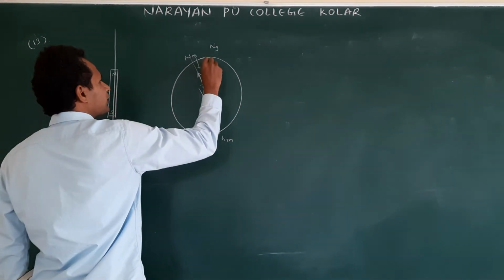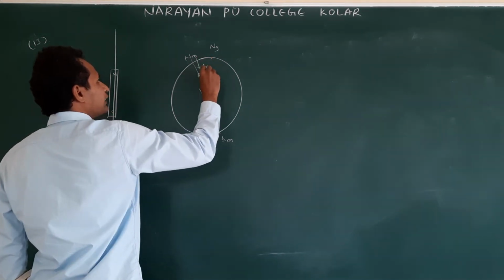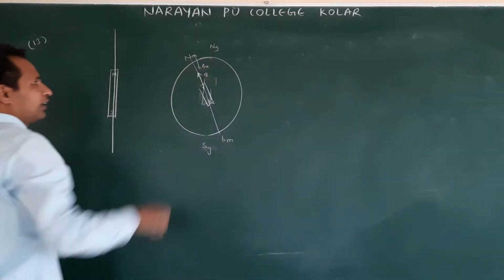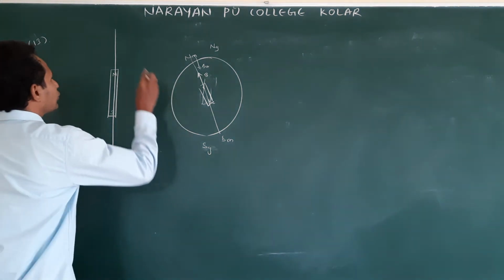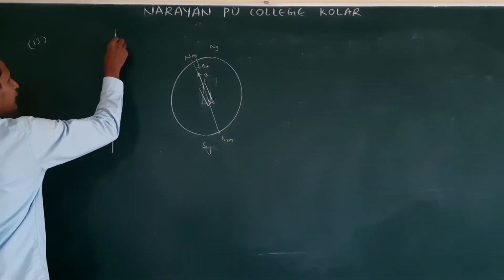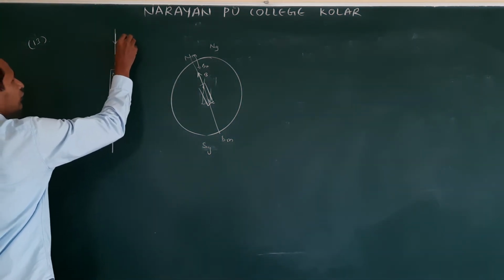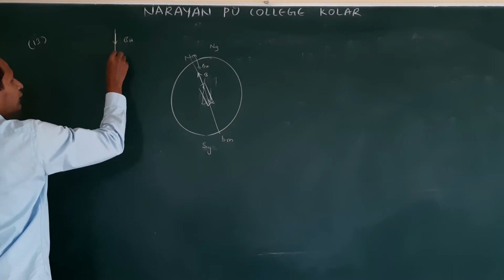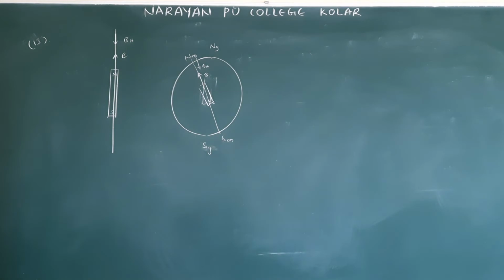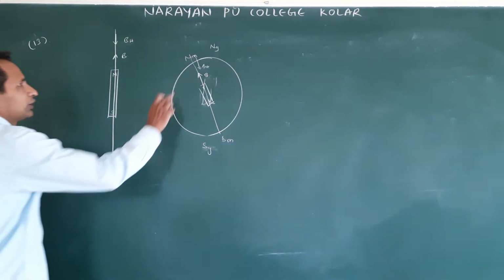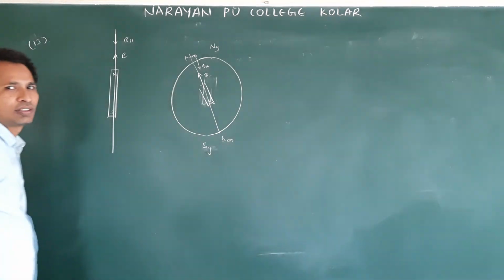This is BH and this is B. Both are opposite in direction. Clear? So BH acts in this direction. This is the earth's magnetic field. This is the magnetic field due to the bar magnet. Am I correct or not? It acts like this. Okay.